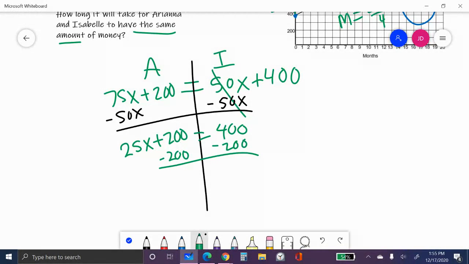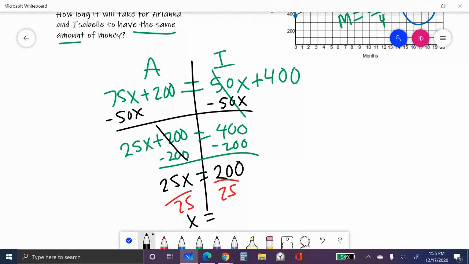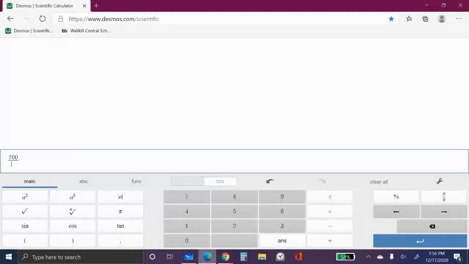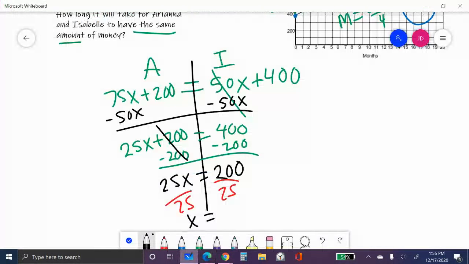And you get, those cancel. You get 25x is 200. Divide both sides by 25. And you get your final answer. 200 divided by 25 is 8. So 8 months. That's when they're going to have the same amount of money.